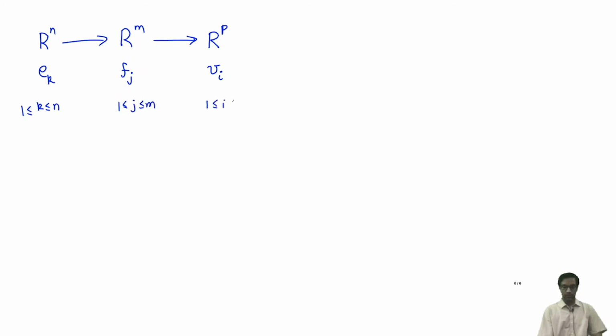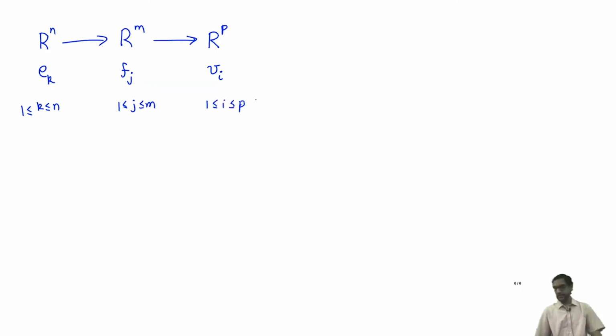So, if I take for example R^n, R^m, R^p, three such free modules, and do a similar thing. I take a basis of this free module, call it e_k, this free module, call it f_j, and this one, let's call these v_i. So this is now k going from 1 to n, j going from 1 to m, and i going from 1 to p.